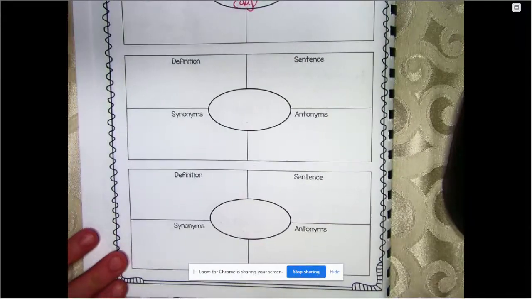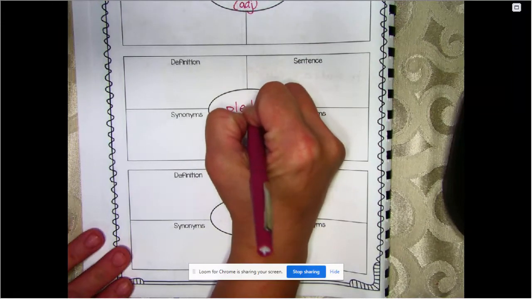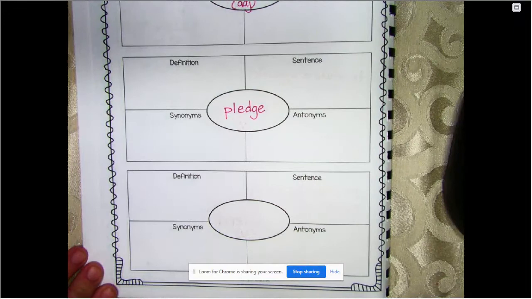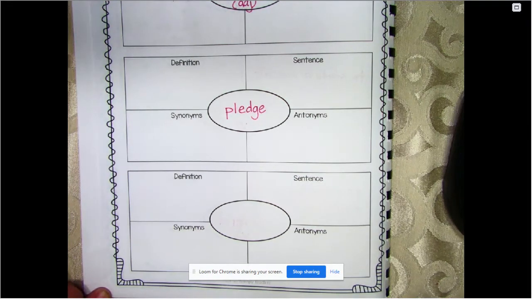All right, our last word is pledge. When we are in school every morning, we will say the pledge. What is a pledge? Or if you are in the Girl Scouts or Boy Scouts, you might make a pledge. If you're in a certain club, you might make a pledge.